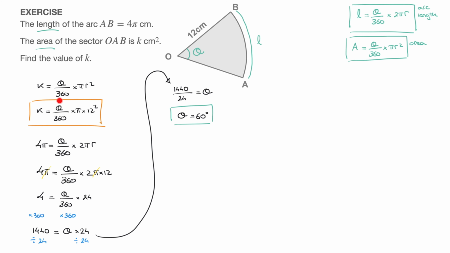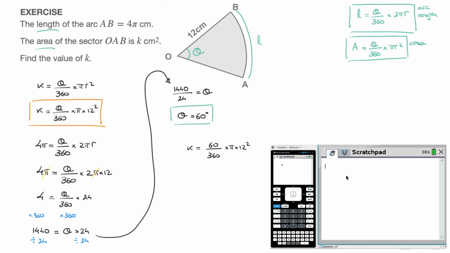Going back to the formula we have for k, but replacing theta by 60, it turns into k is equal to 60 over 360 times pi times 12 squared. Now to calculate this, I turn over to my calculator, which you can see here, and I enter the expression to evaluate.